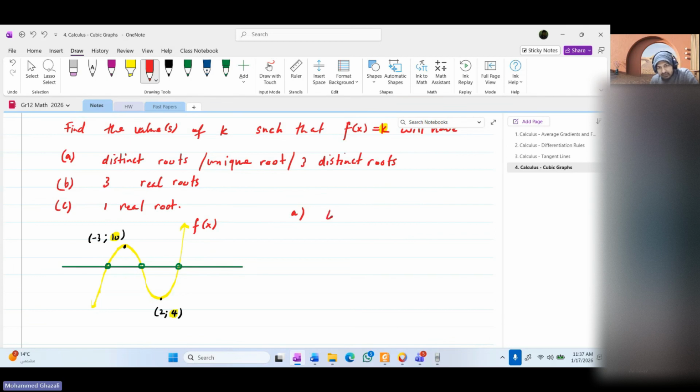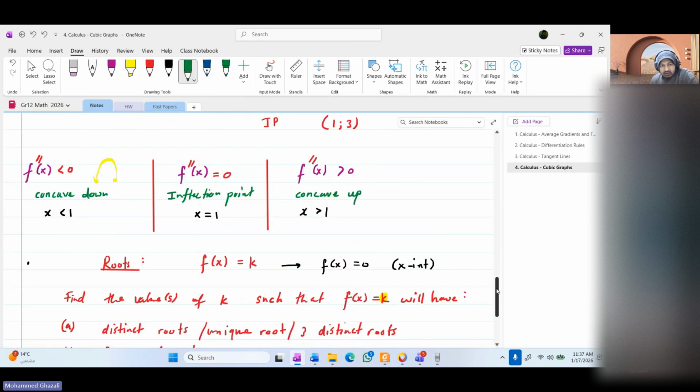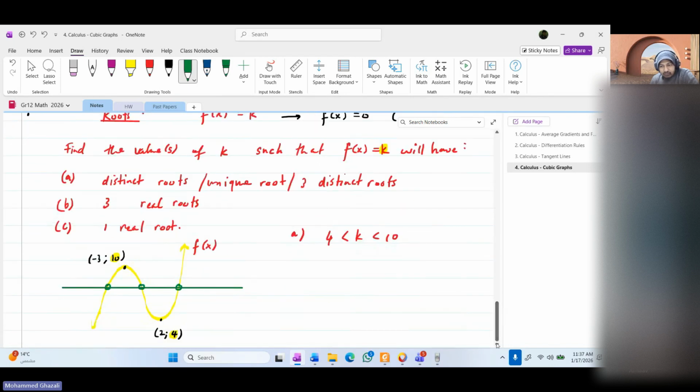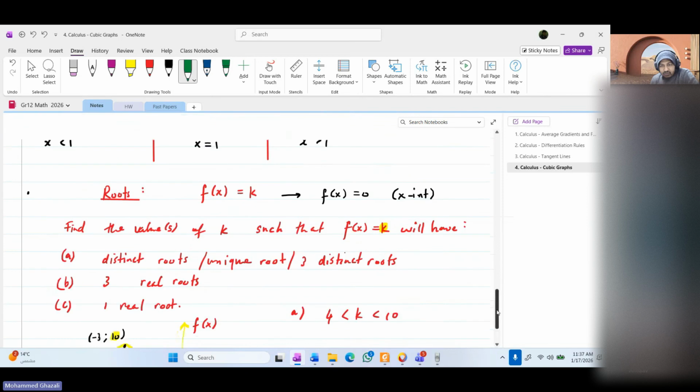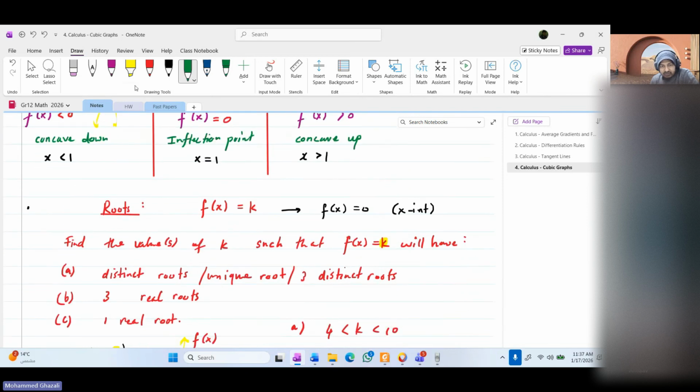Now, where is 4 and 10 coming from? It's coming from the turning point y values, okay? You only use the turning points here. So when you are solving roots, try to use the turning points next, because you are working with y values. Remember, the value of k is a y value. You're solving for k here. Those are y values.